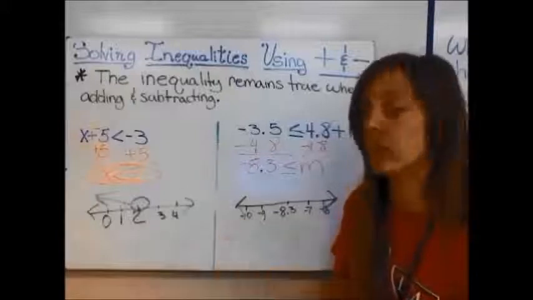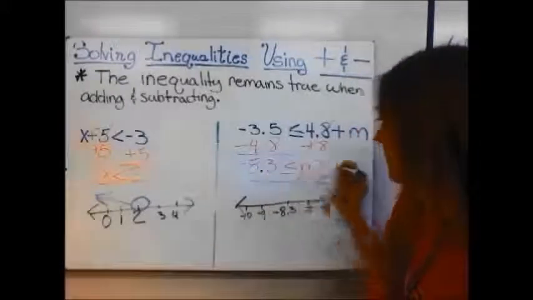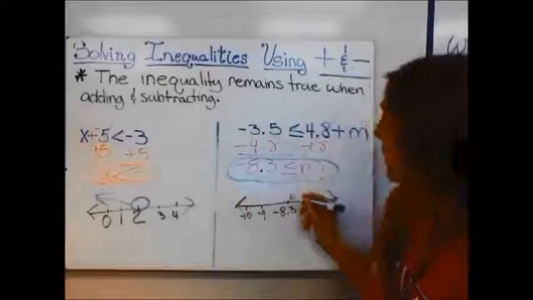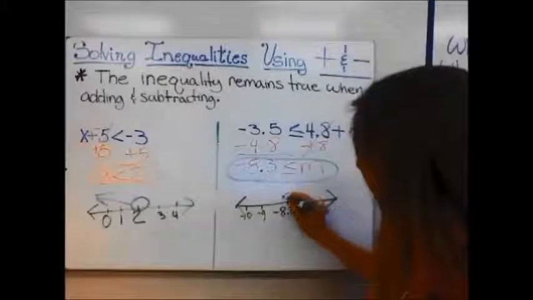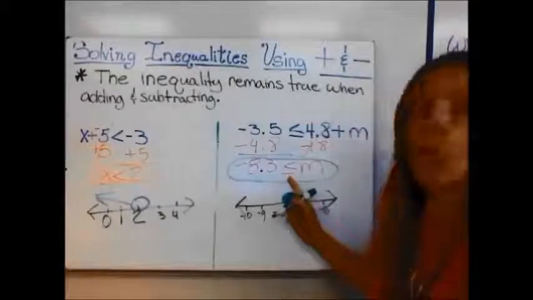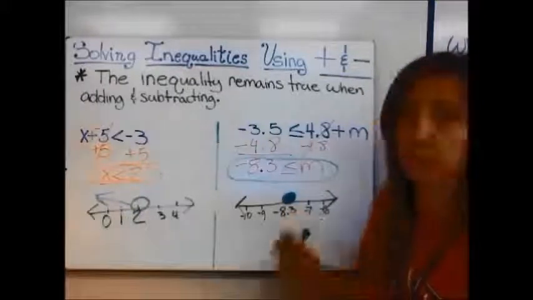And then I am going to graph negative 8 3/10, because this is my value of the variable. I'm going to graph negative 8 3/10 with a closed circle because the inequality symbol says or equal to. It has a line underneath it, so I color in the circle.